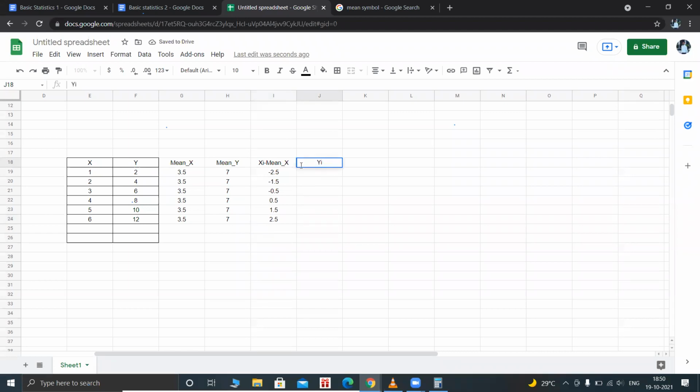And the same for yi minus mean of y. Quickly, guys, yi minus mean of y. That means 2 minus 7, minus 5. Then minus 3, then minus 1.